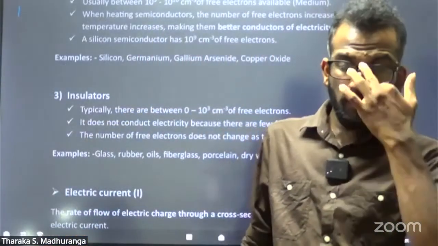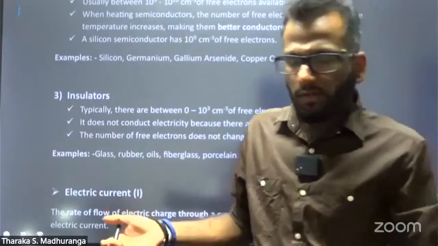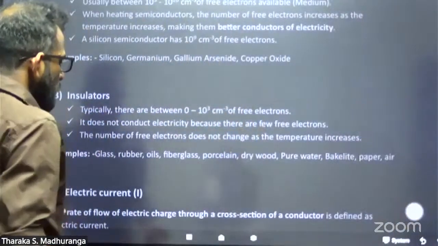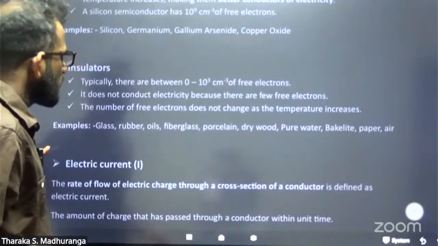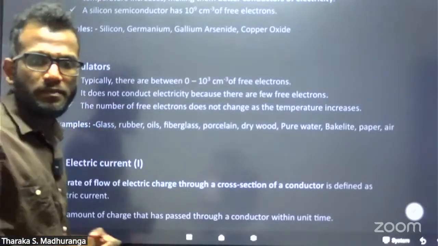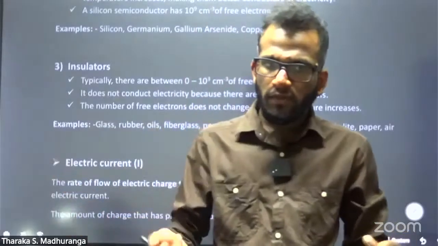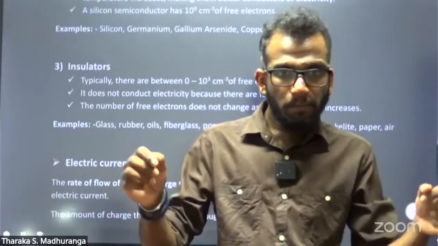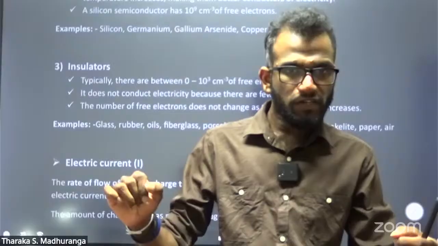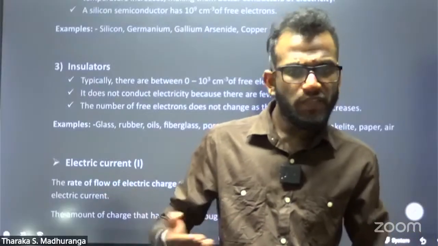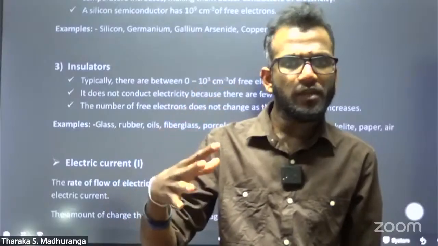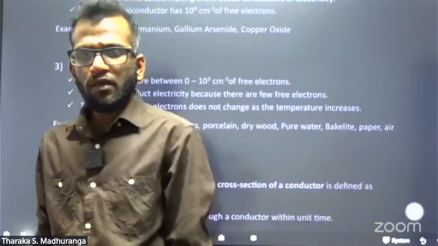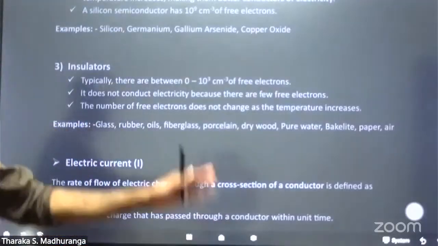As an example, if you have a glass part, and I provide voltage, a potential difference, and we heat it, there is no considerable difference in the electric conductivity of this glass rod.